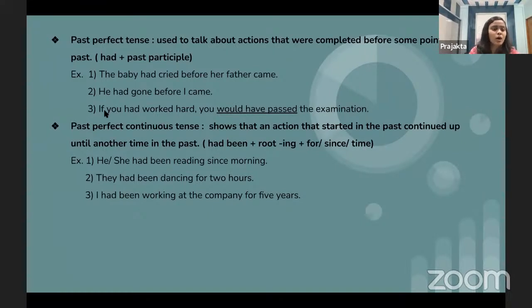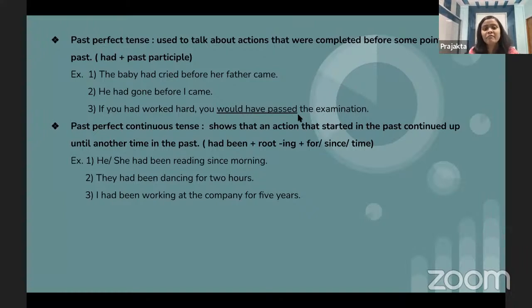Okay, so now if ये word यहाँ पे हमने use किया है, so now past perfect tense में जब हम ये कहते हैं if you had worked hard, अगर तुमने बहुत मेहनत की, you would have passed the examination. तो क्या होता? तब तुम examination pass हो जाते.